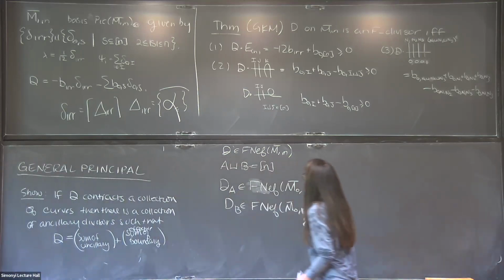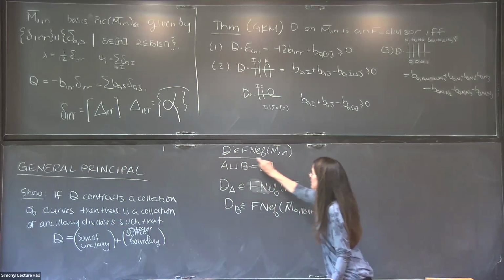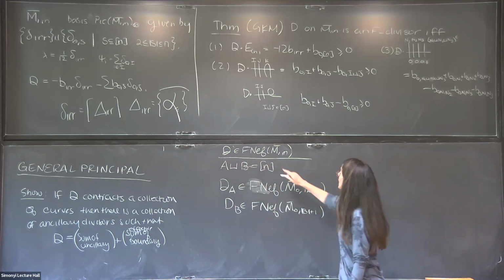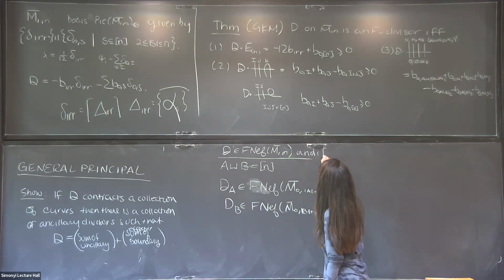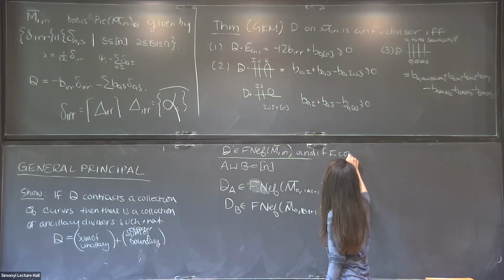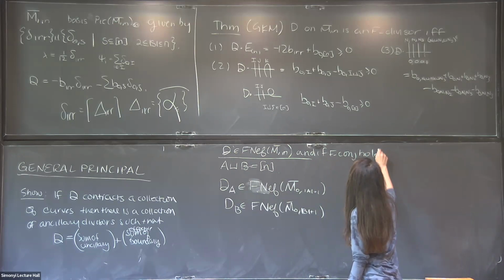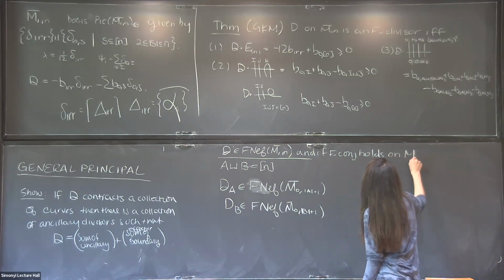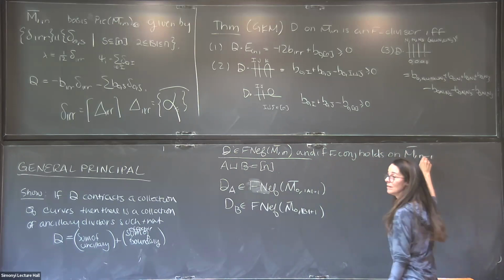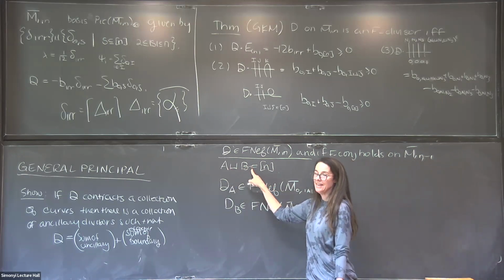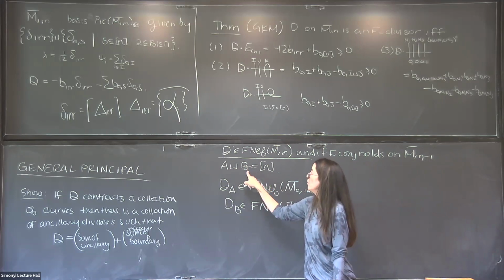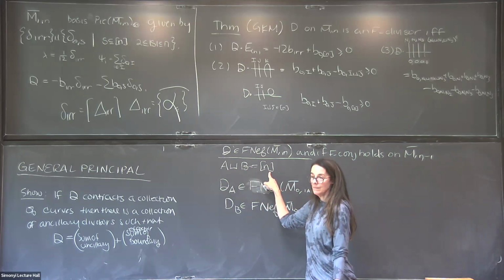Right, and now these are actually nef, if D is an F divisor here, and if the F conjecture holds on M1, N minus 1. Now if I take a non-trivial partition, then A and B both have fewer than N elements.